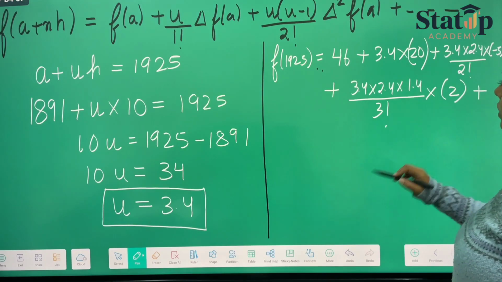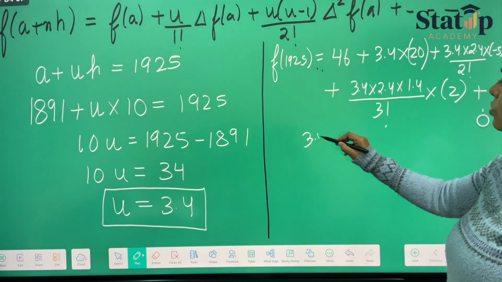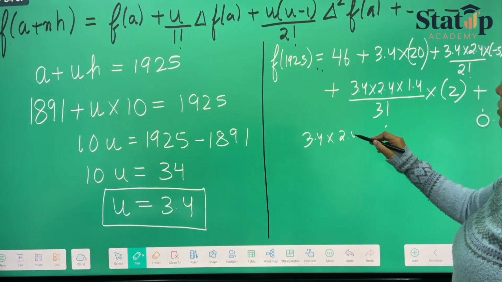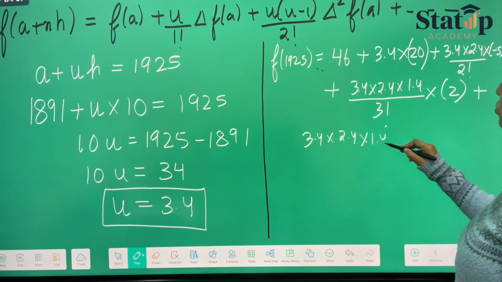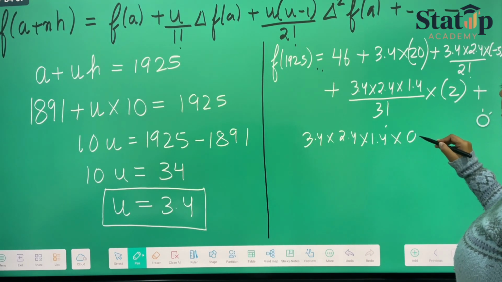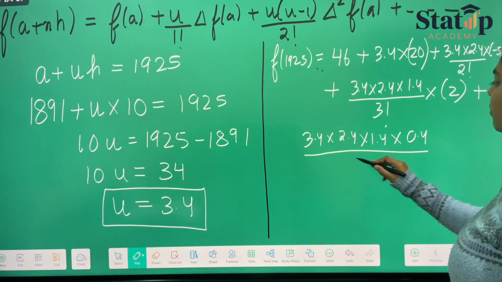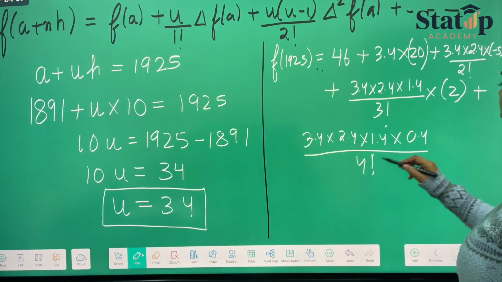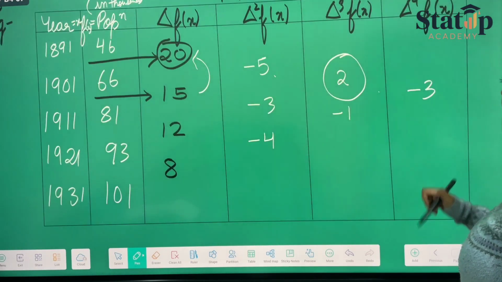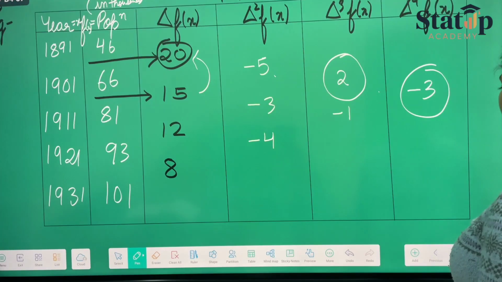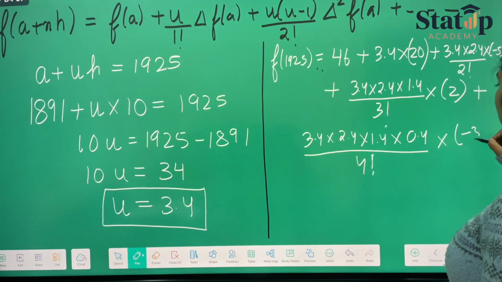Then we'll add another one, which is u minus 1, u minus 2, and u minus 3 upon 4 factorial into, the last difference is minus 3. So it will be minus 3.